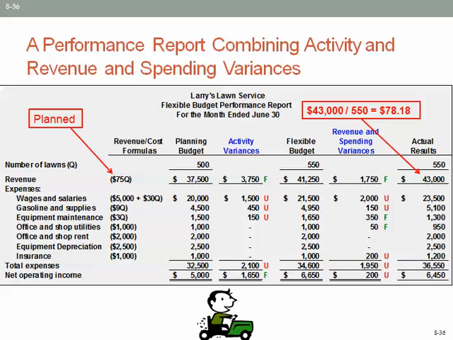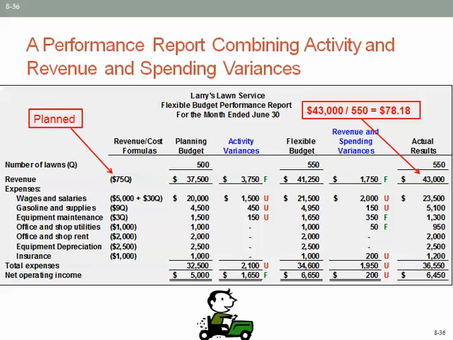If we calculate an average price charged per lawn by taking our $43,000 in actual revenues and dividing it by 550 lawns, we get an average price of $78.18, which is higher than our planned revenues per lawn of $75, which is why we ended up with a favorable revenue variance.